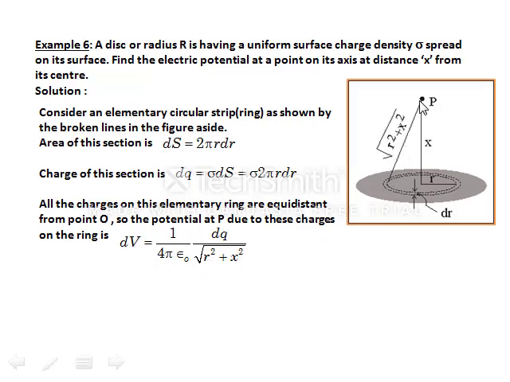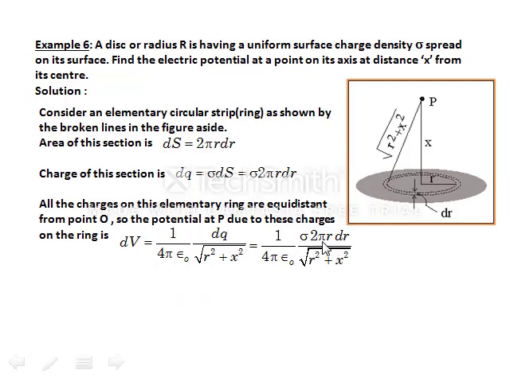In order to get the net potential at P, we would have to add up the contribution of all such rings having this small r ranging from 0 to capital R. Or in other words, simply integrating this will give you the result of net potential. Let's do that.